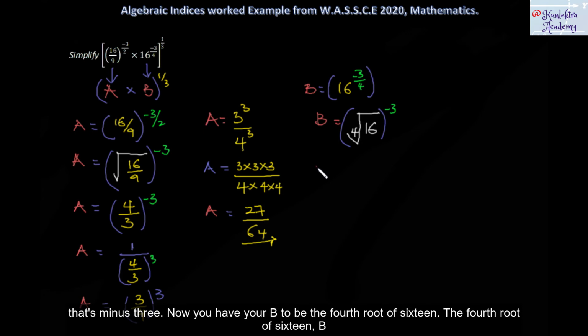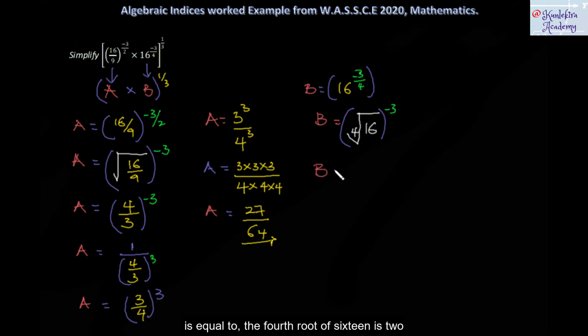The fourth root of 16 is 2, gotten from 2 times 2 times 2 times 2. That's 2 raised to power 4, 16. Then you have your fourth root of 16 to be 2, all raised to power minus 3.